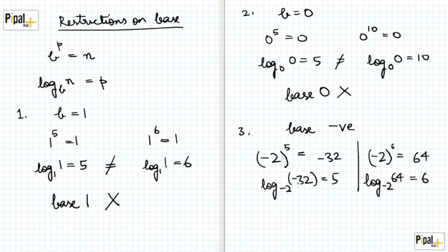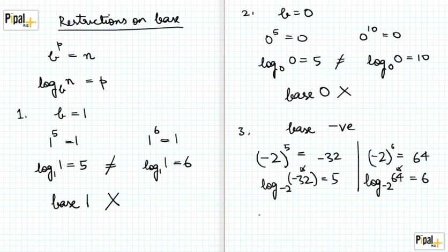So you notice the inconsistency: for every odd power, the number whose log I'm taking is negative, and when I take the power even, it will become positive, right? The problems will start to arise. The problem is not just in this flip-flop of negative and positive.